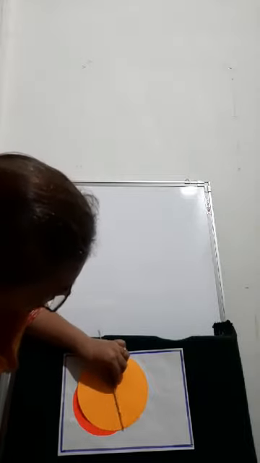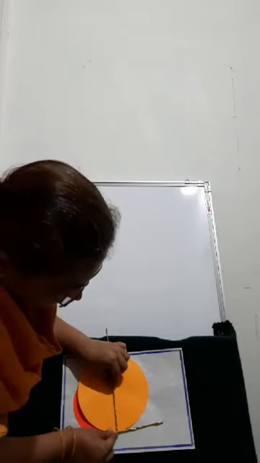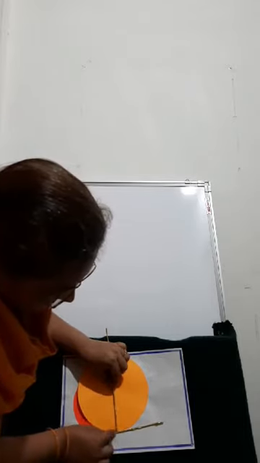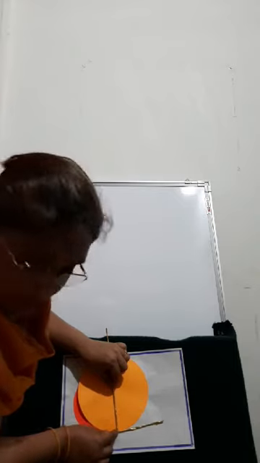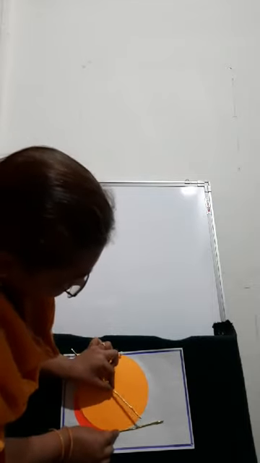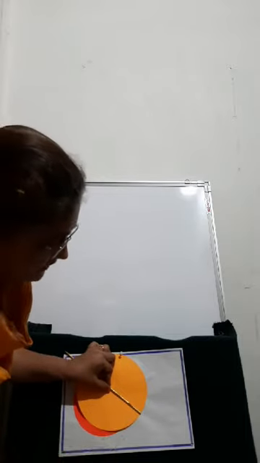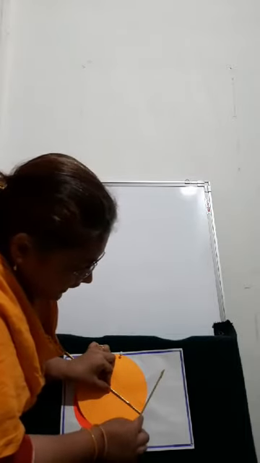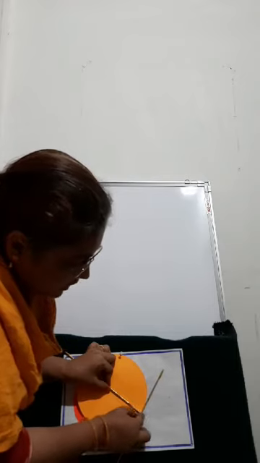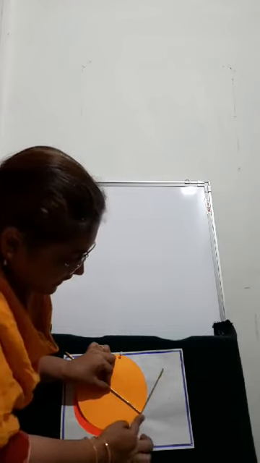When I keep this exactly 90 degrees to the radius, then we can have the tangent at this point. This point is called the point of contact. If I take the radius here, I have to put this tangent like this. That means it should be perfectly 90 degrees. See here, it is perpendicular to the radius.